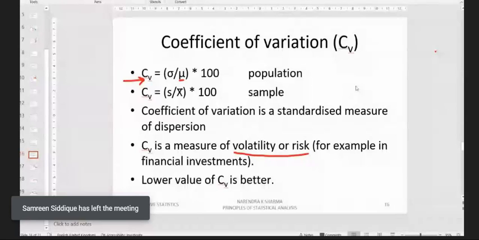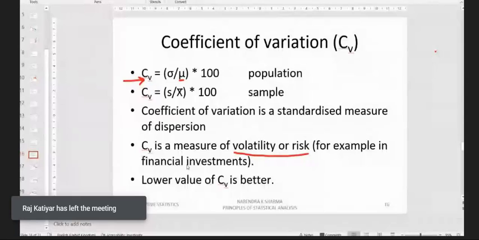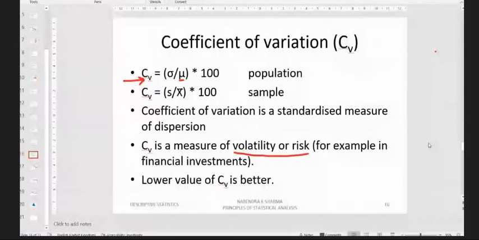Suppose there are two groups, and you collect information on aggressive behavior of these two groups. You find that the coefficient of variation of group 1 is higher than that of group 2. That would mean that group 1 is more volatile.